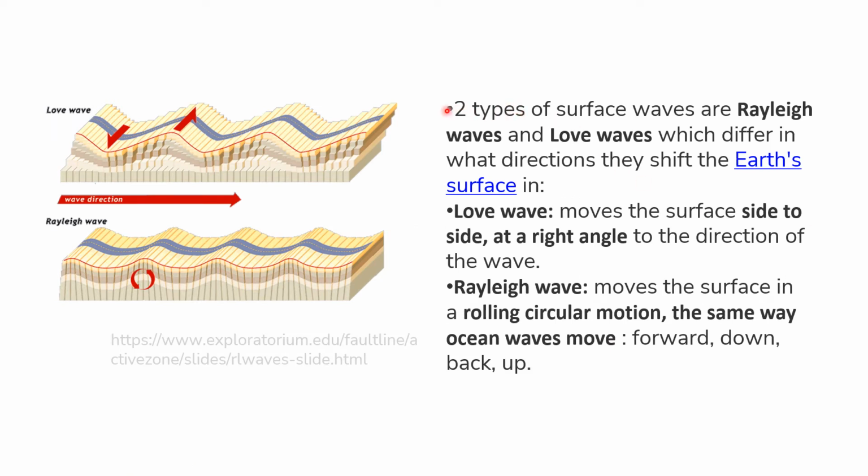Now, there are two types of surface waves. We have the Rayleigh waves and the Love waves. These differ in what directions they shift the Earth's surface.